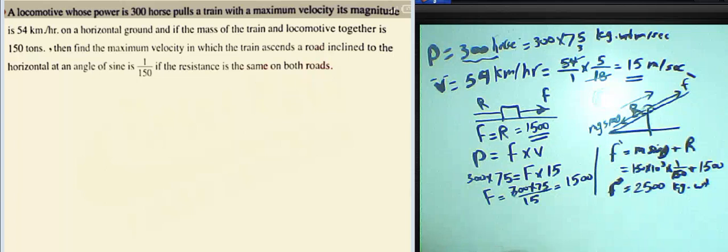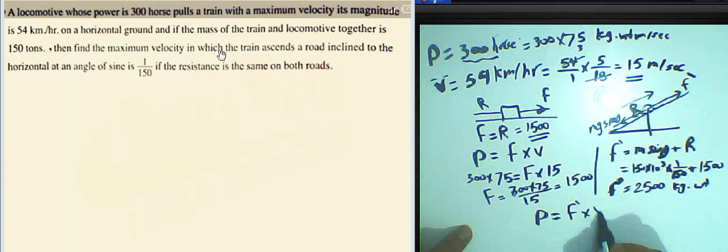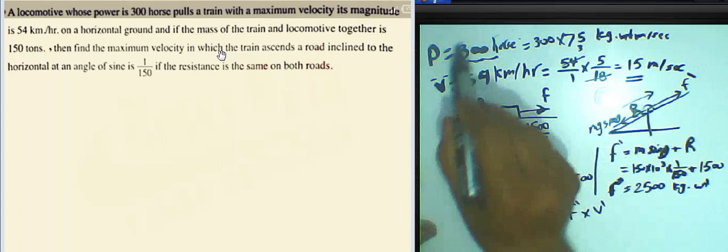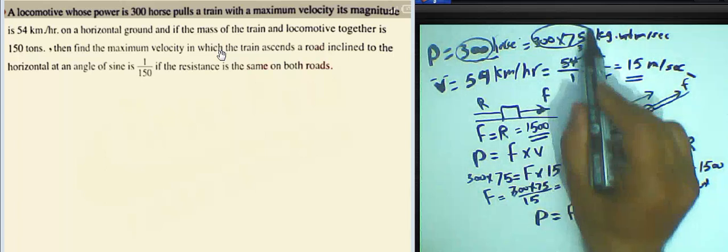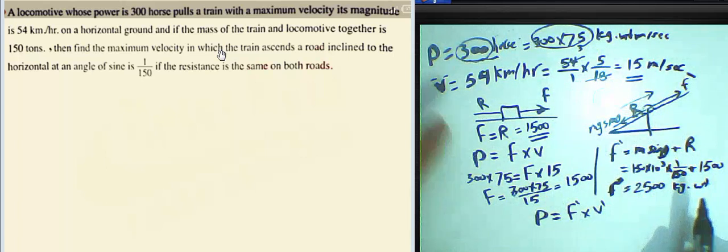And he tells us to find the velocity in which the train ascends. He asked about the velocity here. We can use the power rule: the power equals F dash multiplied by V dash. We know the power 300 horse, meaning 300 times 75. Don't change the power.